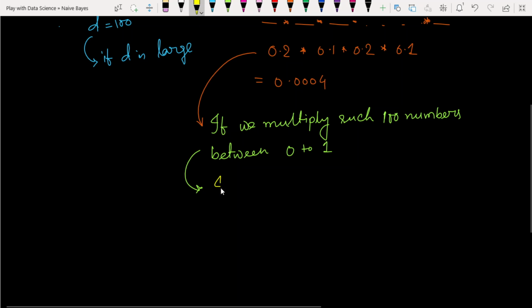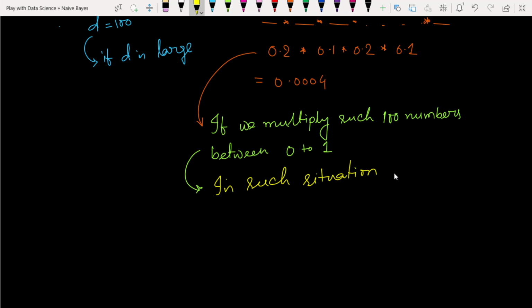In such a situation we face the numerical stability problem.